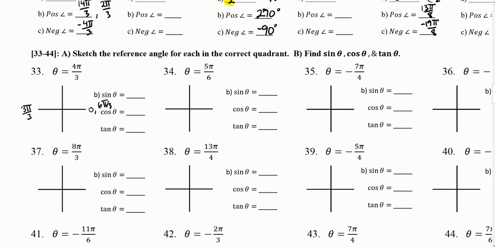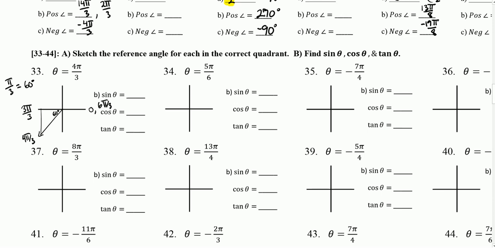And so 4 pi over 3 is in quadrant 3. And our reference angle is the difference between 4 pi over 3 and 3 pi over 3, which is pi over 3, which is 180 over 3, which is 60 degrees. So we have a 60-degree reference angle here.